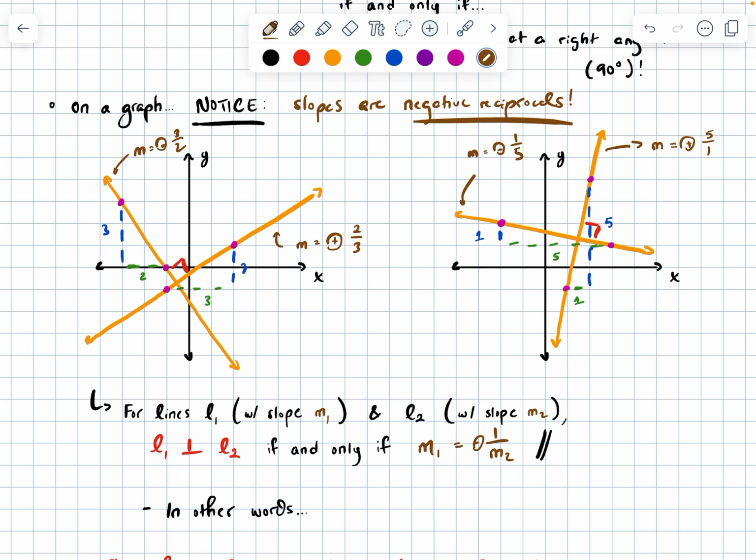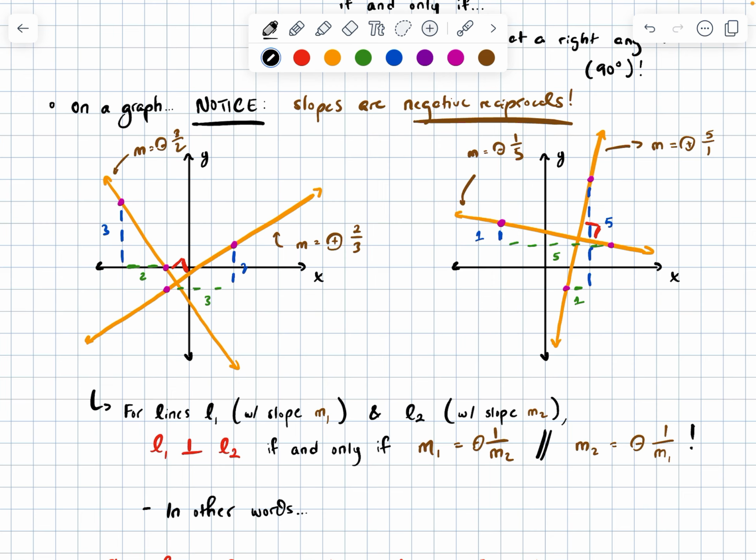Equivalently, I could say m1 is equal to negative 1 over m2, the negative reciprocal of m2. And equivalently, the slope of the second line, m2, would be negative 1 over m1. So the negative reciprocal of my first slope.